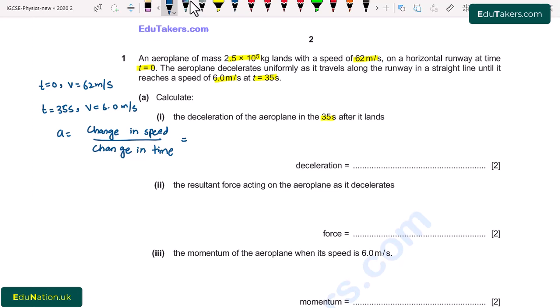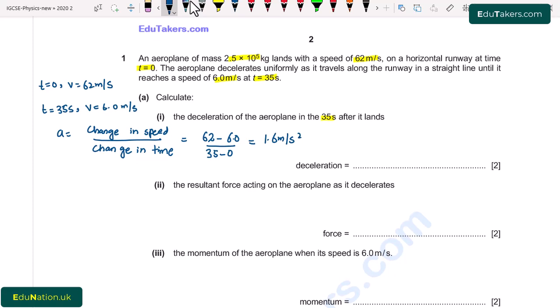So first of all we write (62 − 6.0) divided by (35 − 0). It is the time. And then after simplification we get 1.6 meters per second squared.